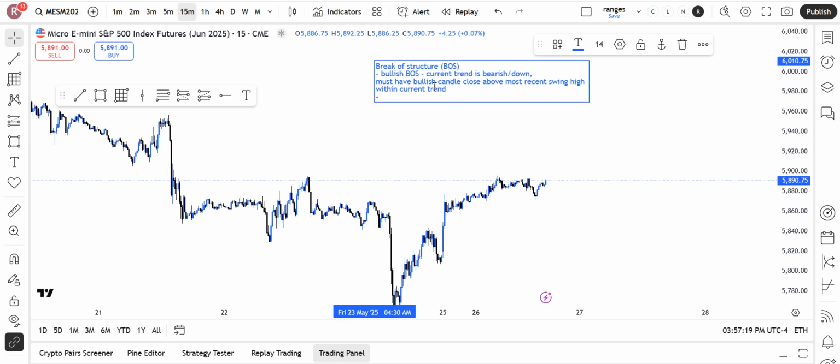And for a bearish break of structure, the exact opposite.